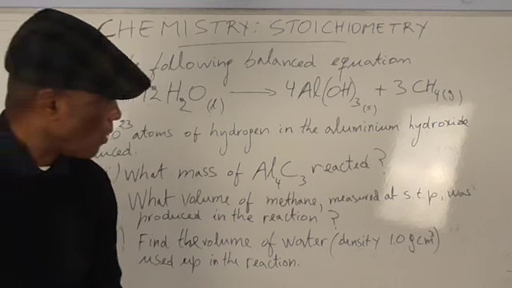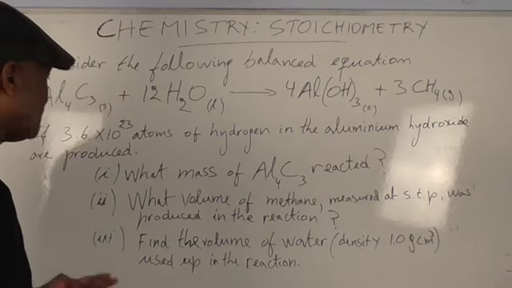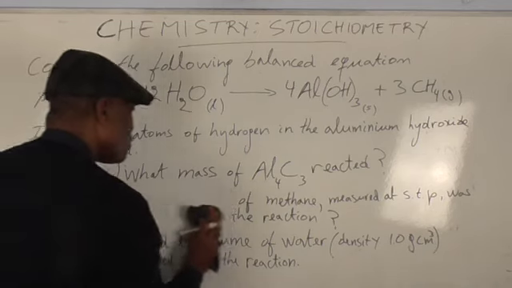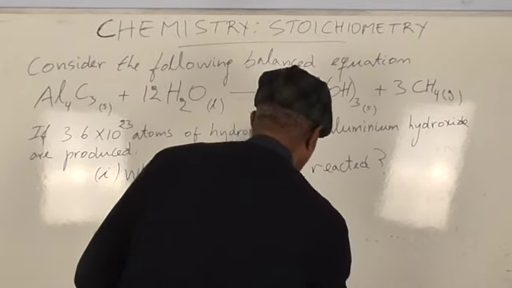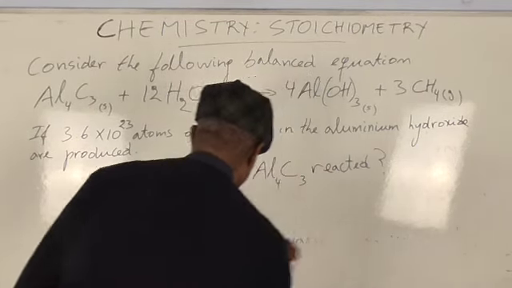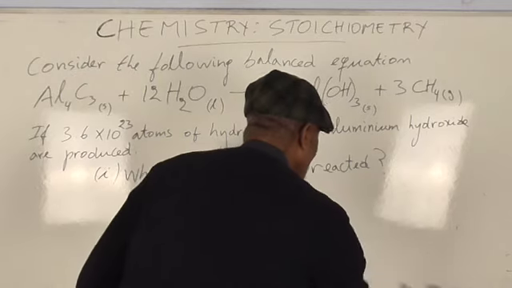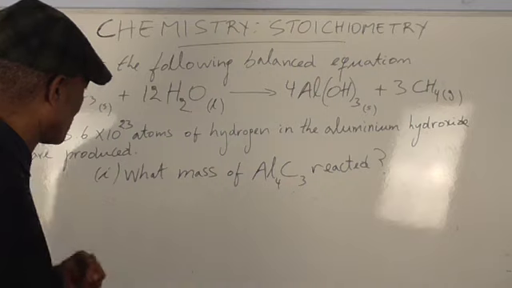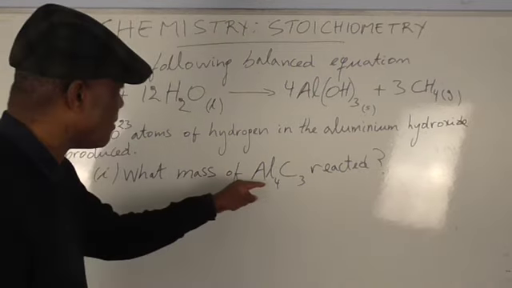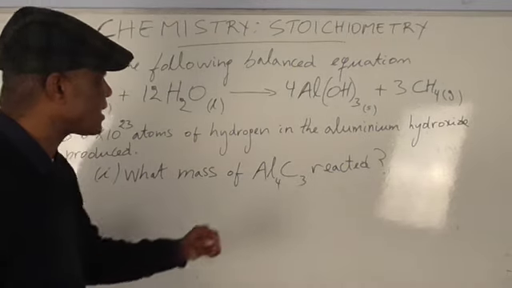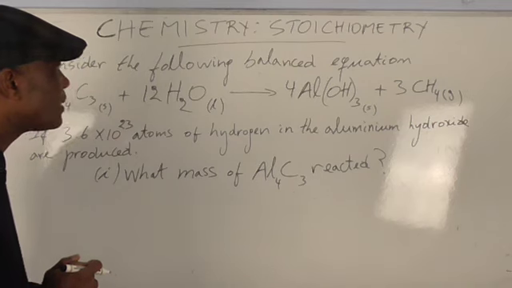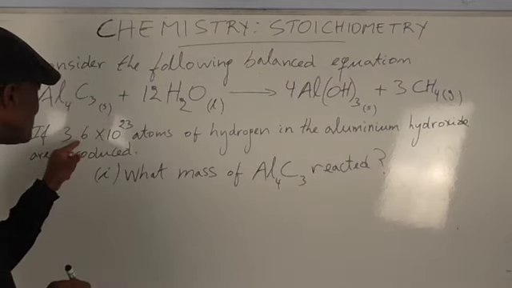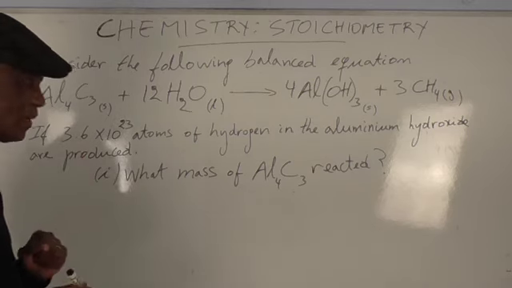Now, because I need space, I'm going just to wipe out this part and then try to answer the very first part of the question. So what mass of aluminium carbide reacted? Now, let me get how many moles are there.